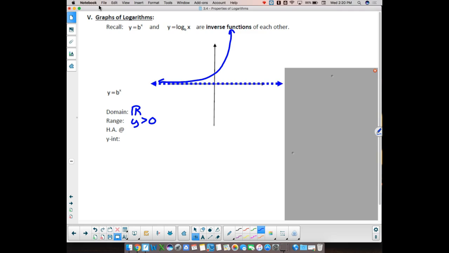Horizontal asymptote of said function. Y equals 0. Y-intercept of said function. Zero what? 0, 1.